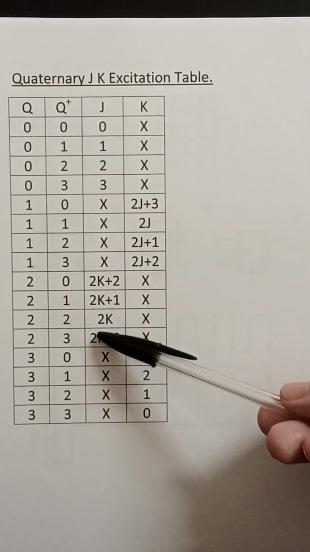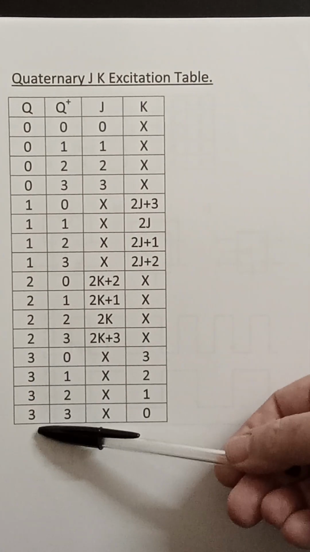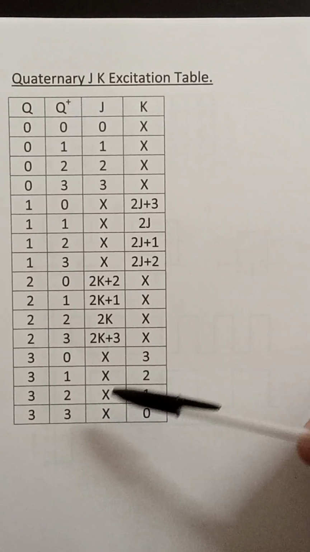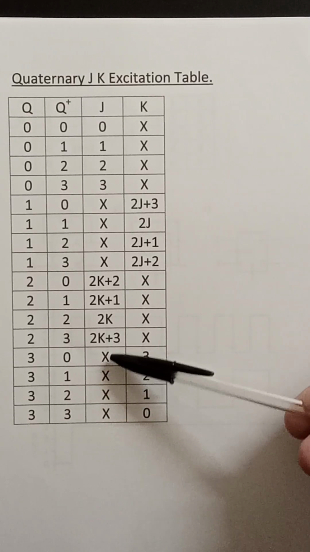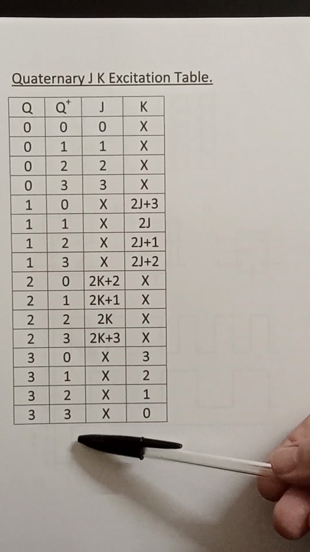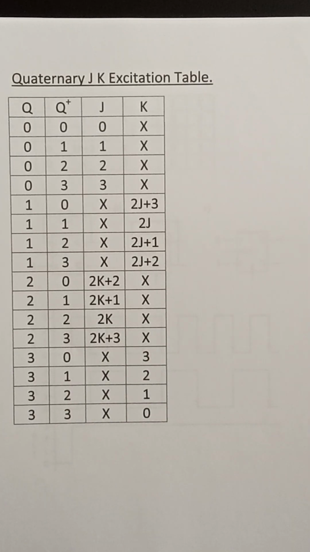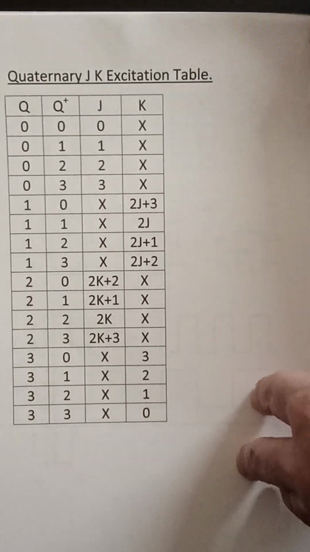So J would be 1. Similarly, for Q equals 3, we have this setup. X can assume any value 0, 1, 2 or 3, and K equals 3, 2, 1, 0 in response to Q plus 0, 1, 2, 3. So that's the quaternary JK excitation table.